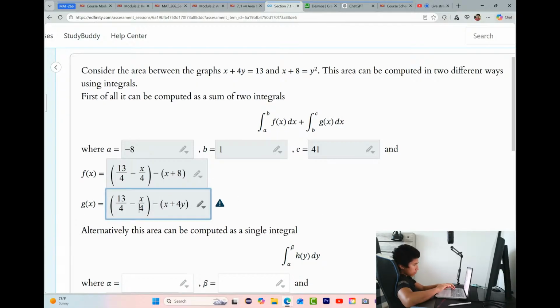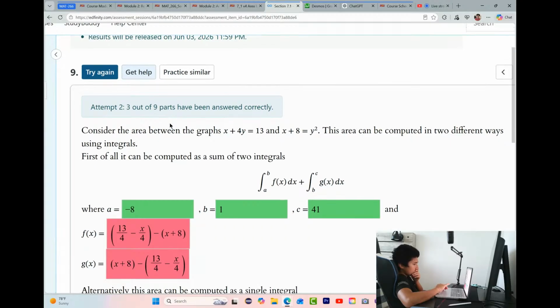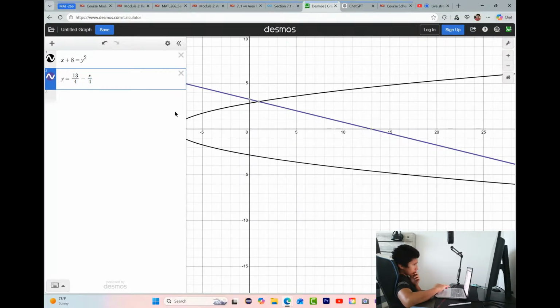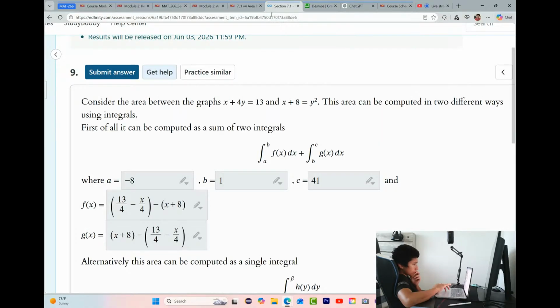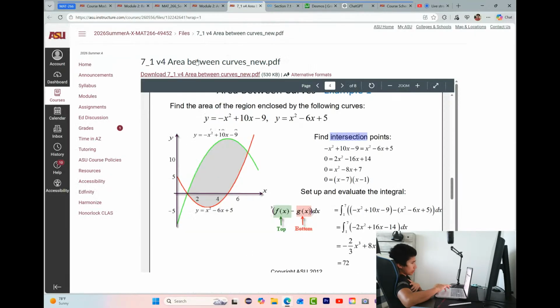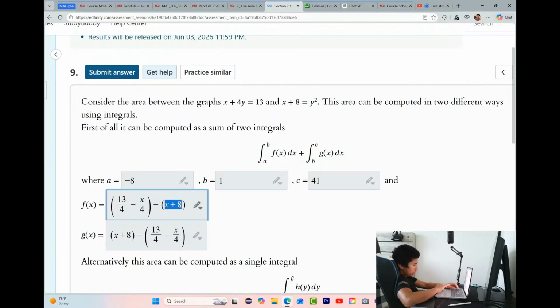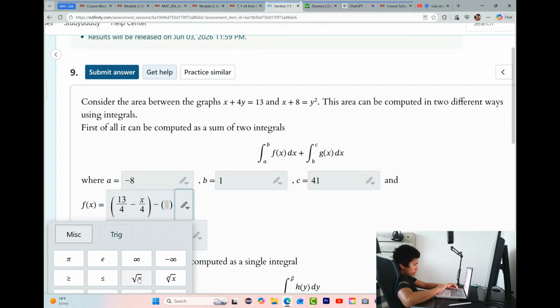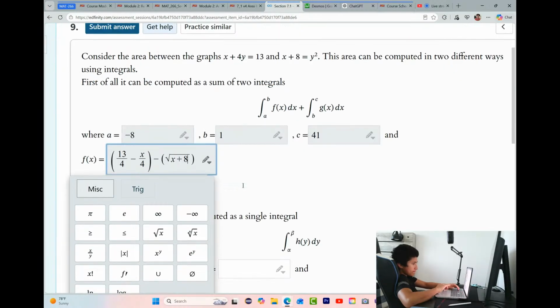Those are wrong. What happened here? This line minus this line. In fact, this should be square rooted. x plus 8.